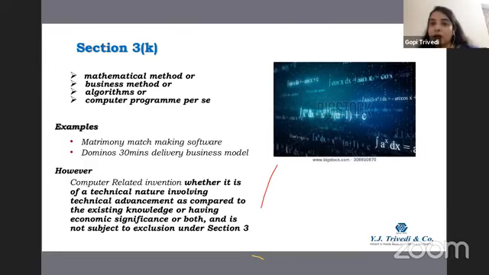If your given invention meets these guidelines and does not amount to computer program per se, then even computer programs shall be granted patent. Mathematical methods or business methods and algorithms are not patented. I repeat, algorithms as such shall never be granted patent.